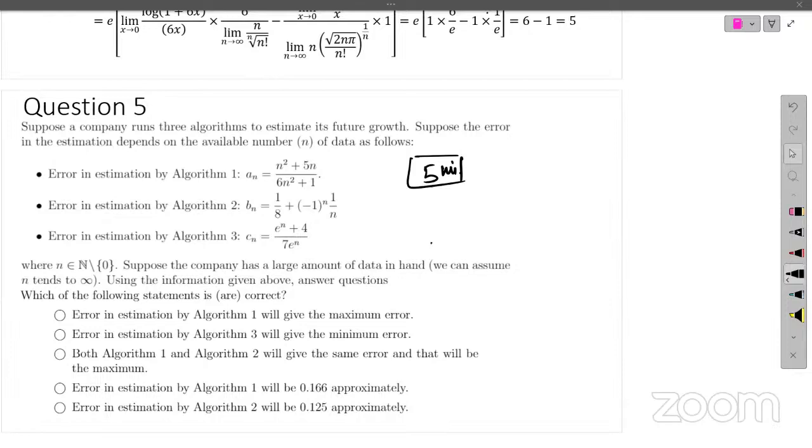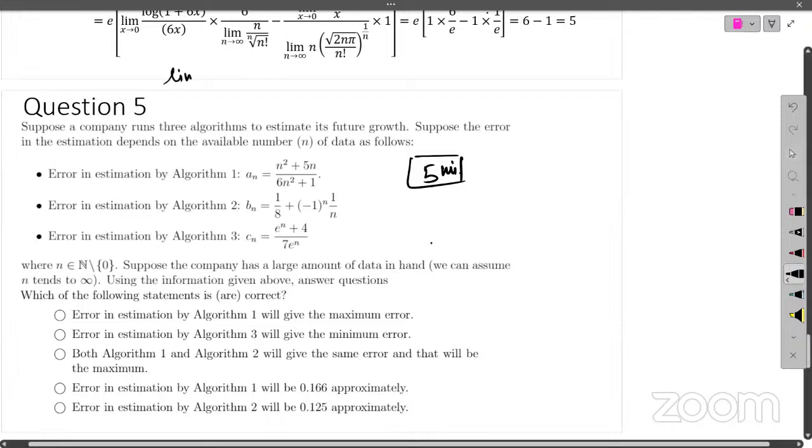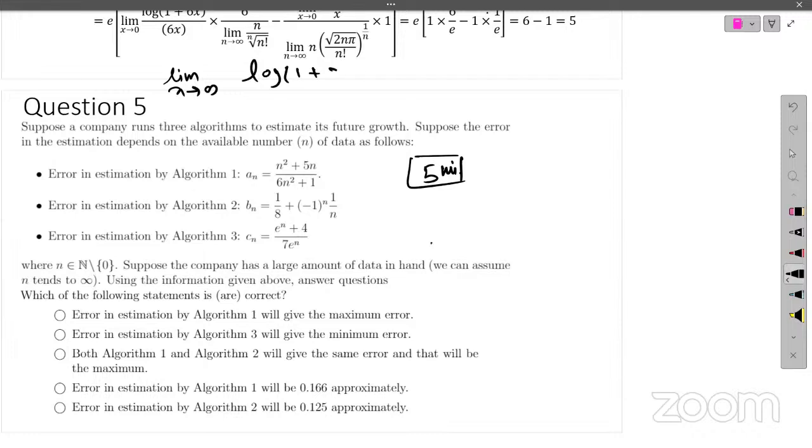What I did is I just changed the limit to x tends to infinity and did the same thing. Log of 1 plus x over x. So you haven't changed the function here. Yes, ma'am. Then you have to change it.